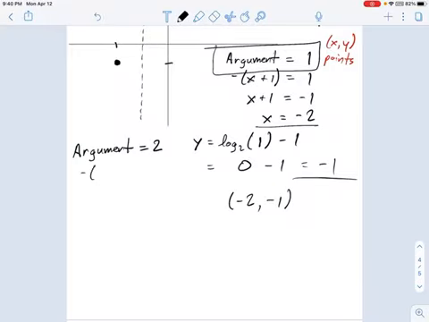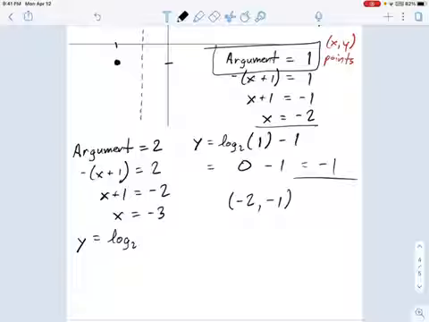So our argument is negative x plus 1, and we're going to say that's equal to 2, which means x plus 1 equals negative 2, which means x equals negative 3. And now we can figure out the y value. So y equals logarithm base 2 of, remember what the argument is, it's just 2, minus 1.